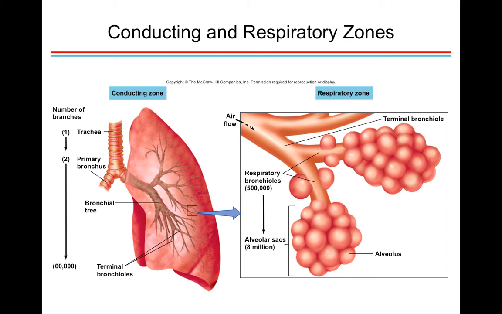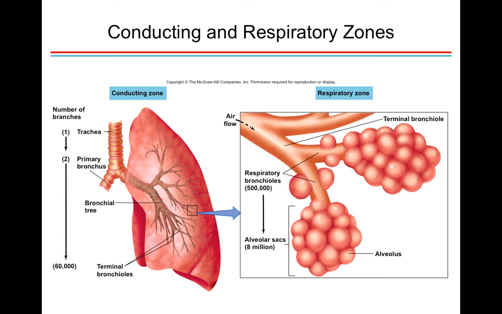Mucus will critically trap small particles, and then cilia, which we mentioned participate in the innate immune system, actually push microbes away from the lungs and into the mucus so they can be swallowed and sent down the esophagus to the stomach, where there's a pH of 1 that can kill most microorganisms.